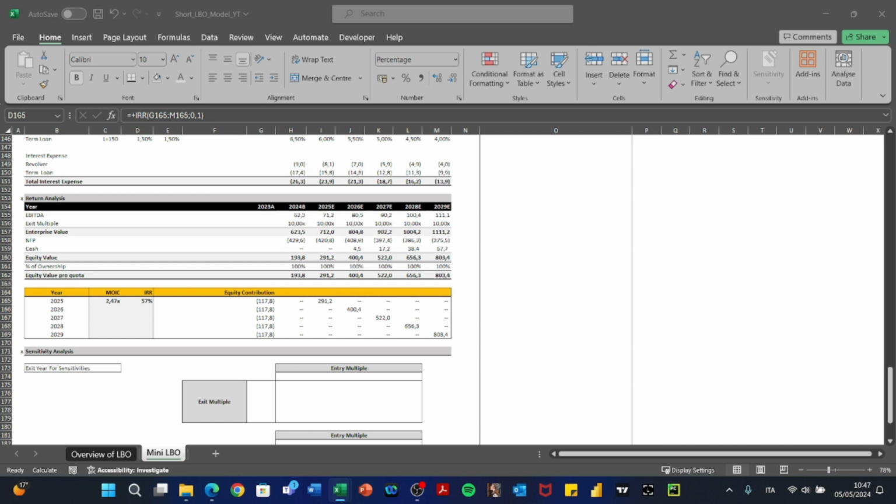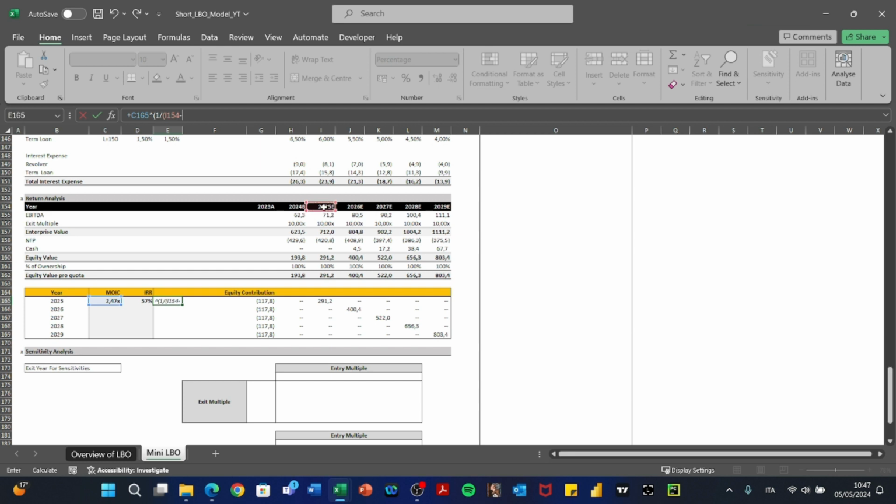Okay, if I'm not mistaken, this should be the formula and it will be this. Another way to calculate the IRR should be MOIC to the power of 1 divided by 2 years.